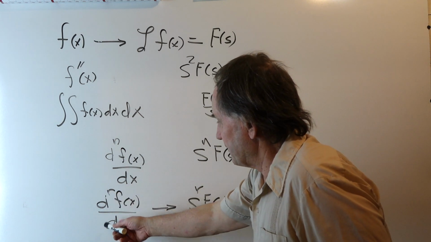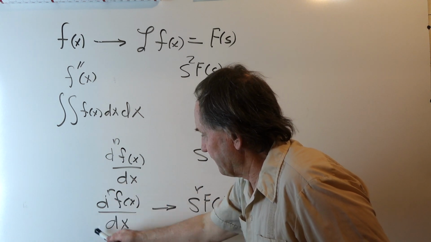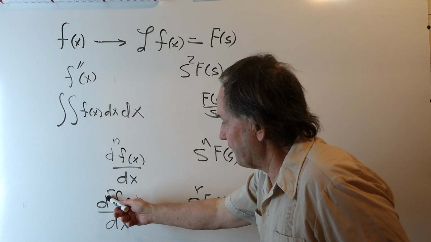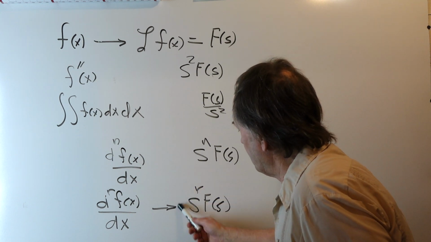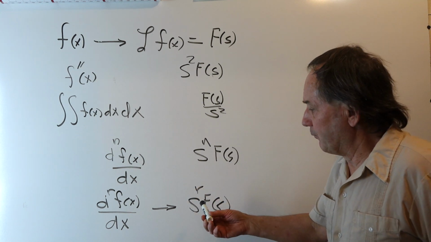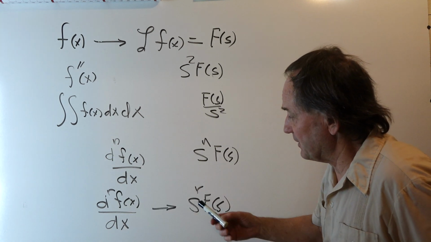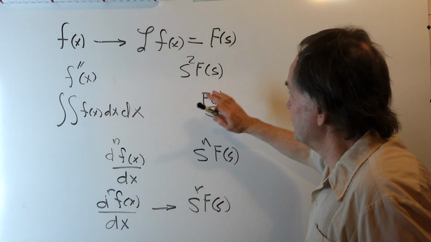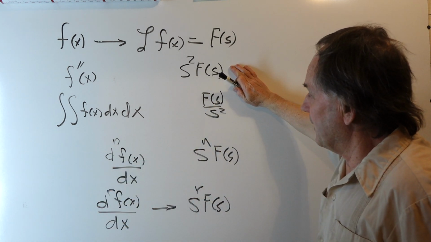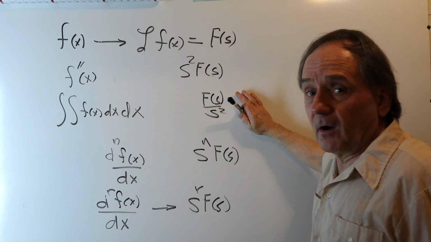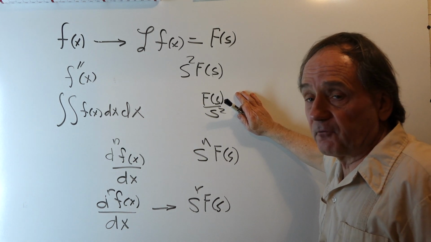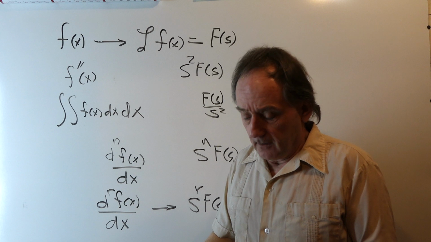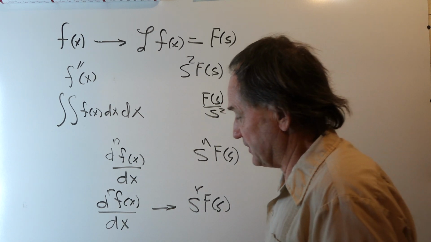And if r is an integer, then we have the standard definition of a derivative. But now if r is rational or a fraction, we have a natural way in which to define how we perform that differentiation or integration. We transform the function that we want to integrate or differentiate into the Laplace space or the complex frequency domain. We perform our operation of integration and differentiation in the Laplace space and then transform back to see what the result looks like.